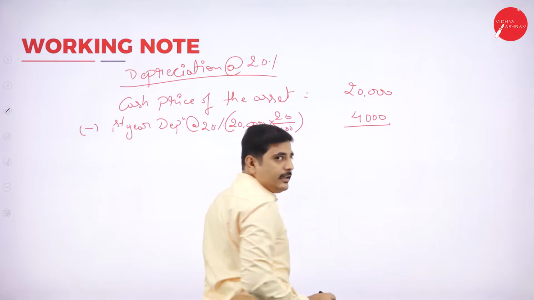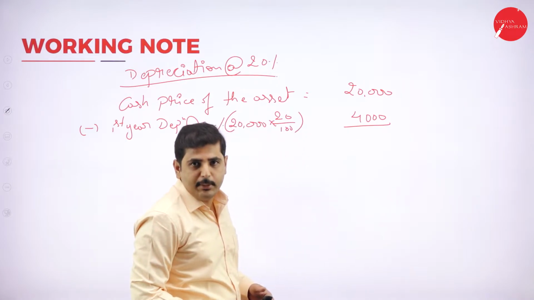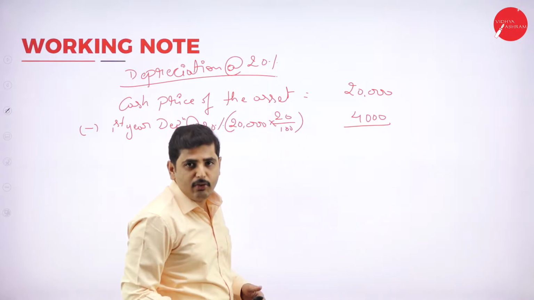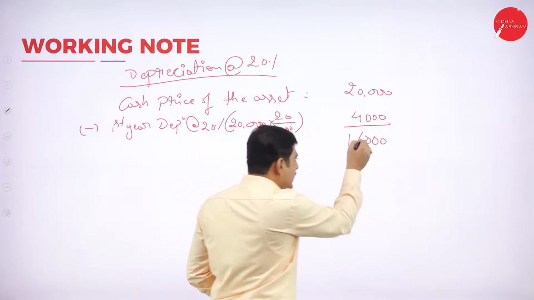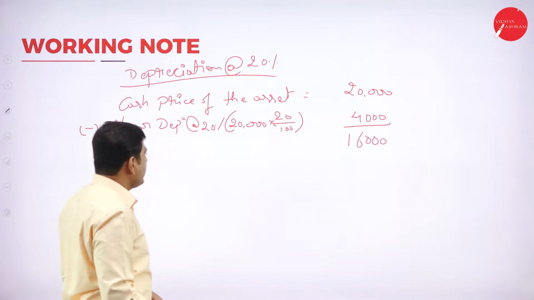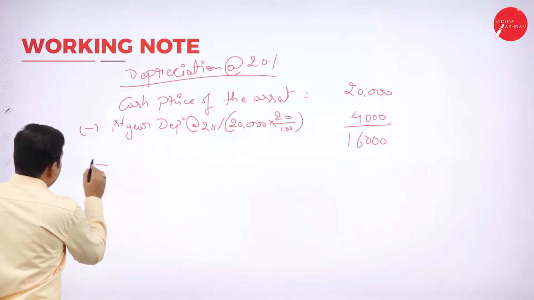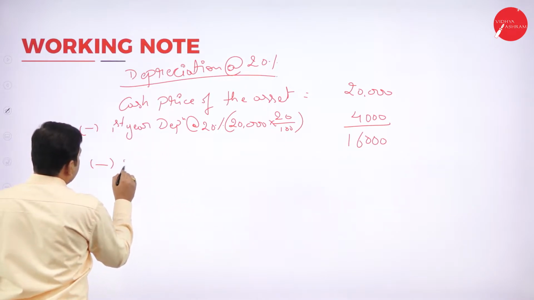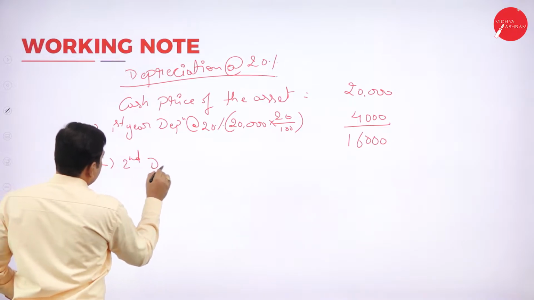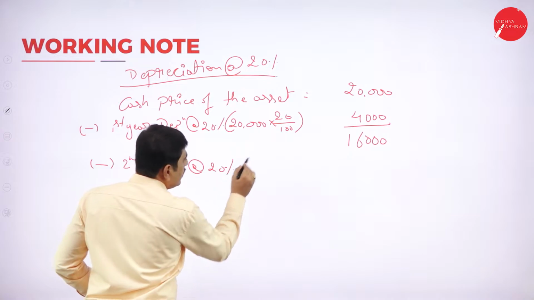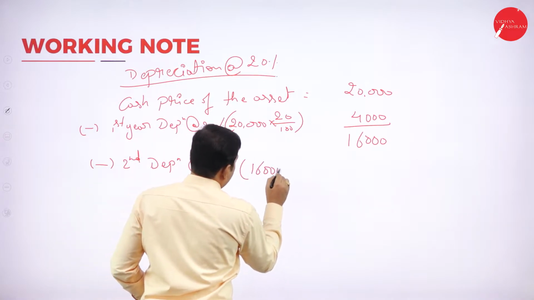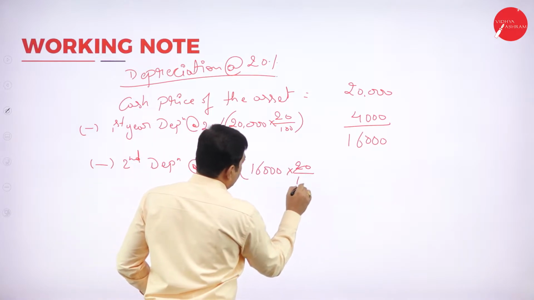So they have given the depreciation on diminishing balance method or written down value method. So let's calculate, it will become 16,000. On this amount we should calculate the depreciation. Again minus second year depreciation at 20%. So it is 16,000 into 20 by 100.